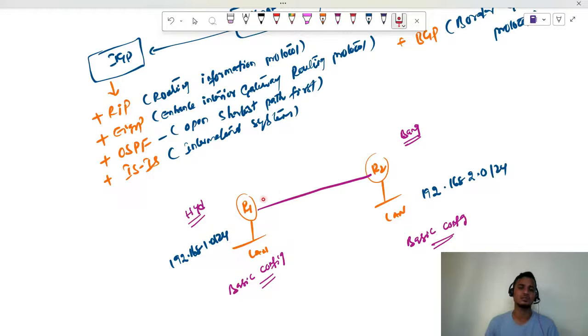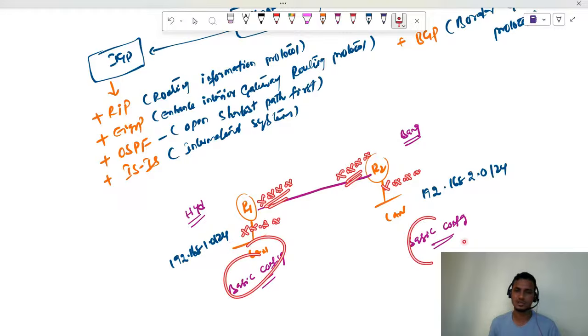Even though you did the basic configuration, which means configuring the host names on the respective devices like router 1 and router 2, or the Hyderabad office router and the Bangalore office router, then configuring the IP addresses on the interfaces, and assigning the gateway address, the data still will not communicate from this LAN to this LAN, because we don't have routing in place. So routing is a must.